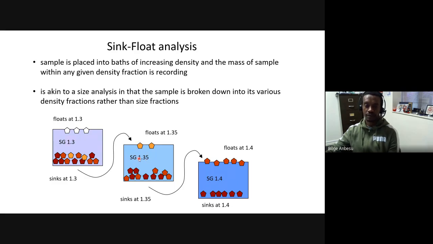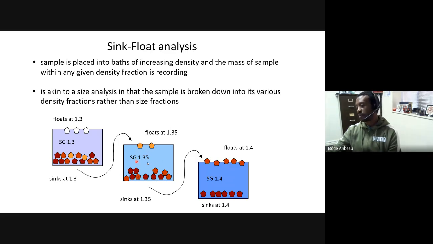And if particles have a density higher than 1.35, then they will sink again. So whatever I collect here is floating at this specific gravity but sinking at the previous specific gravity, so it must be because they have a specific gravity between 1.3 and 1.35. Let's say a particle with a specific gravity of 1.34 or 1.32. Those ones will be collected here.